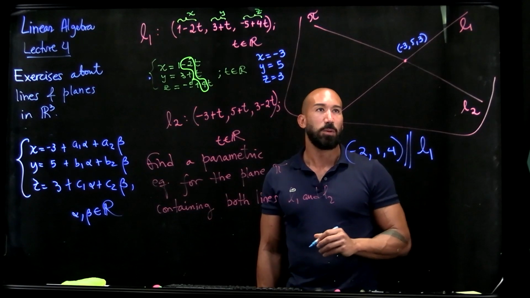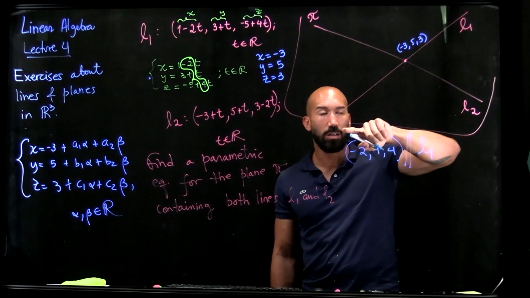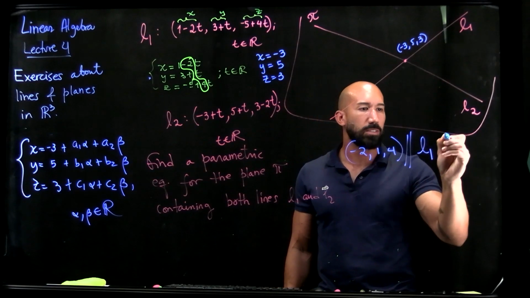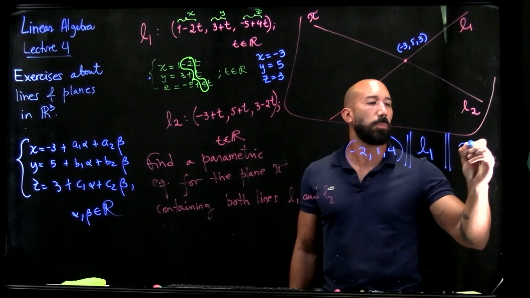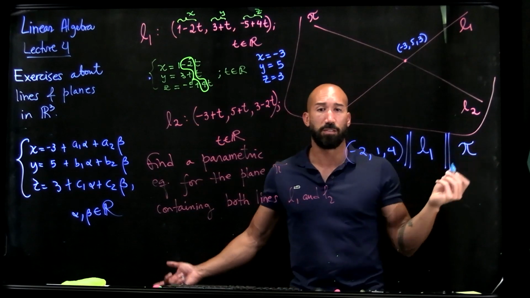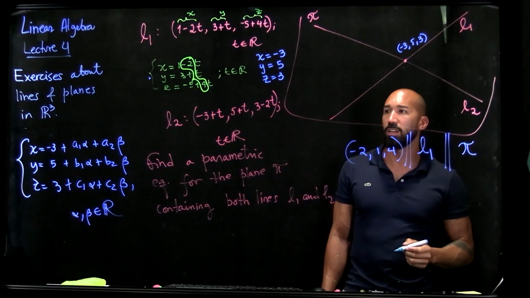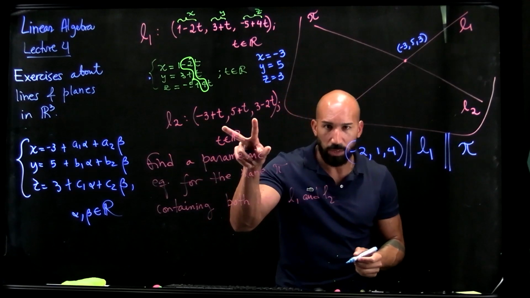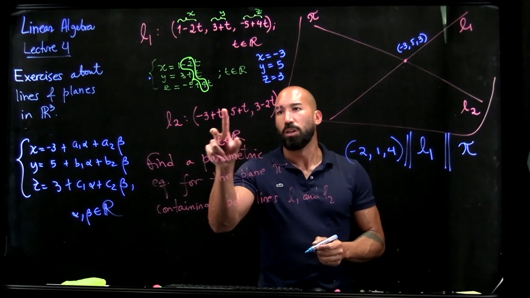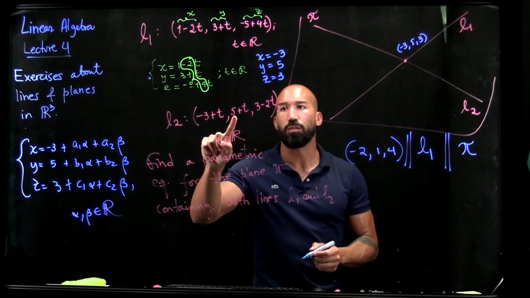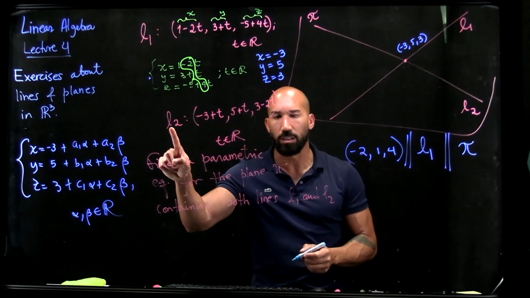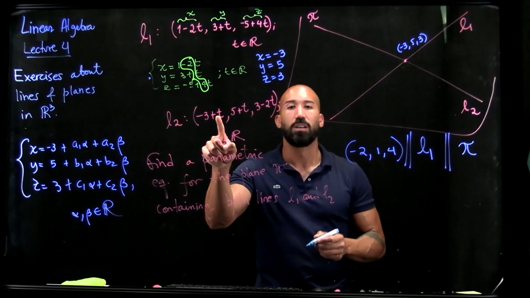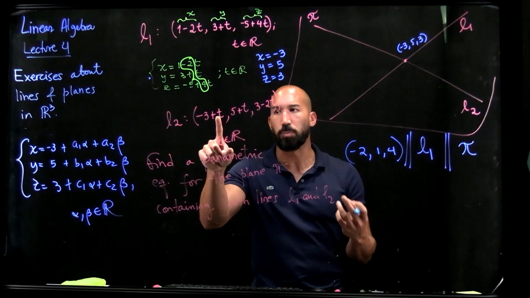Is that okay? But the line L1 is on that plane pi, so this vector in particular is also parallel to the plane pi. And we have the first vector that we need. Okay? The same thing for L2. If we look at the parametric equation of L2, not only do we know that (-3, 5, 3) is a point on this line, we also know that the coefficients for t form a vector that is parallel to L2.